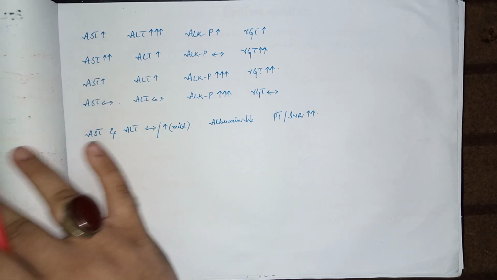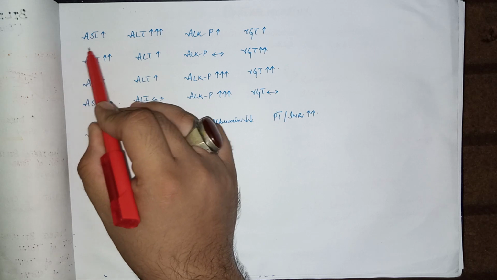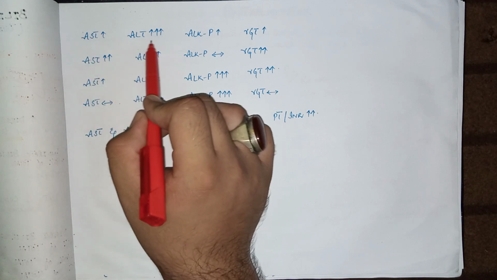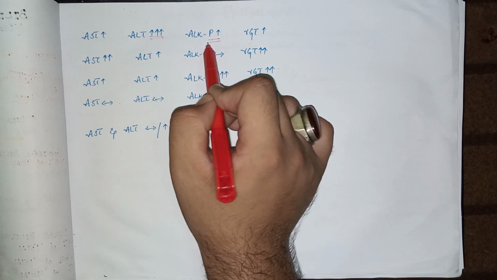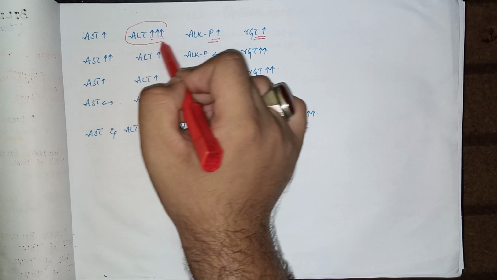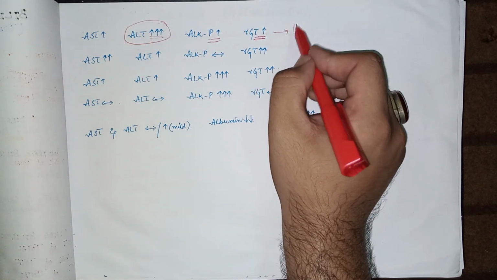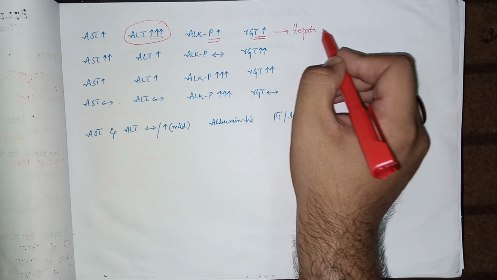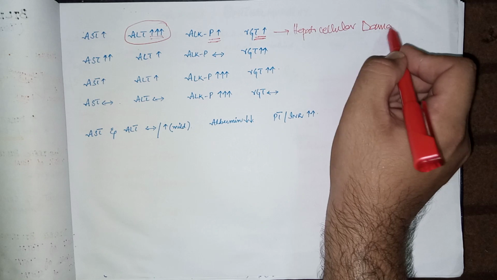So let us discuss some scenarios so that you can understand this very easily. If the AST levels are high along with markedly elevated ALT levels, and alkaline phosphatase and gamma GT are also high, but remember alkaline phosphatase levels here are not very high, it indicates hepatocellular damage.